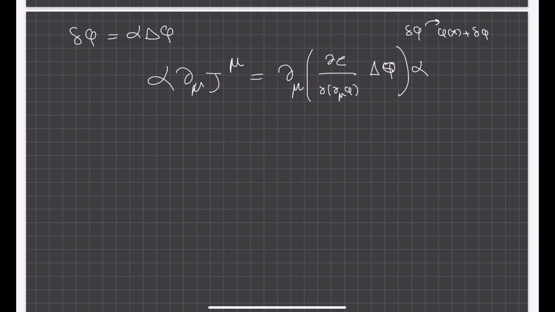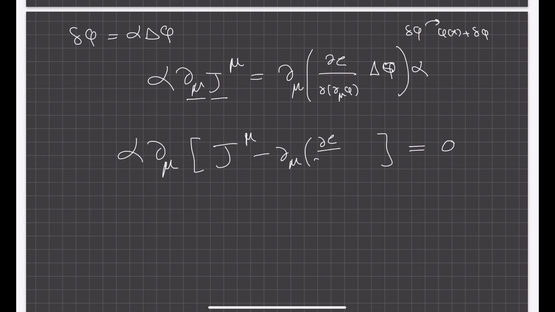Now I have this equation, and I take everything to one side. So now I have the full derivative of two functions, and I can take the derivative out because differentiation is a linear operator, and this is equal to 0. That would be seen as j mu minus the derivative of the Lagrangian with respect to the derivative of the fields times the deformation that we defined.